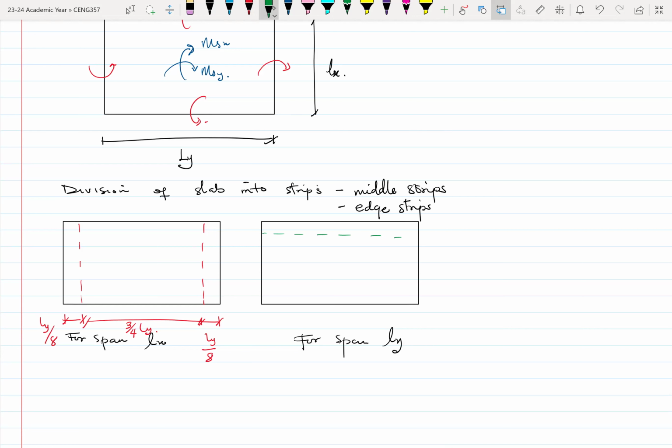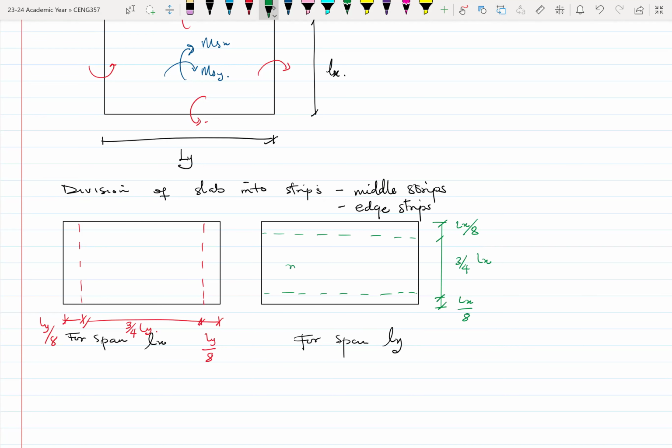So again, these will be your measurements: Lx over 8, this is 3 over 4 Lx, and this is Lx over 8.